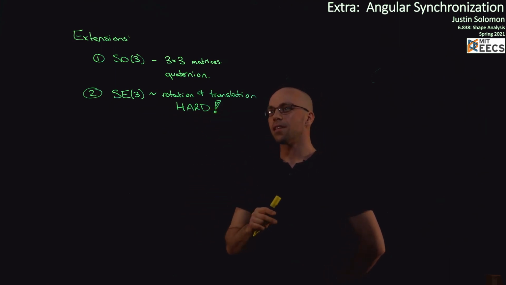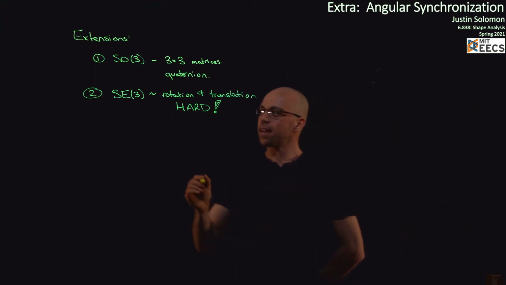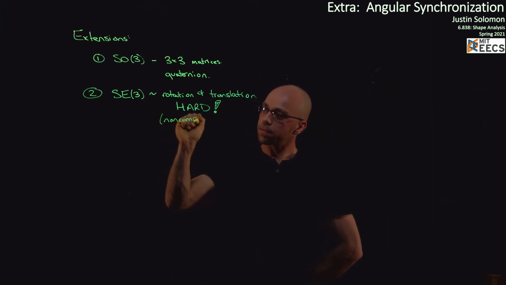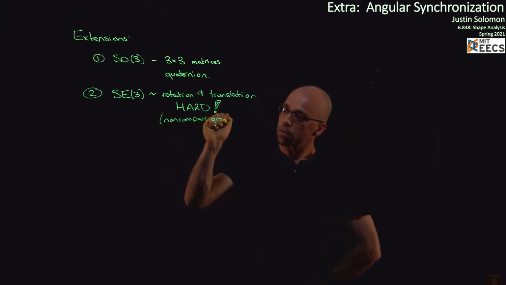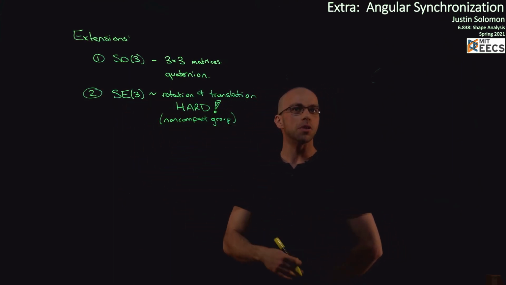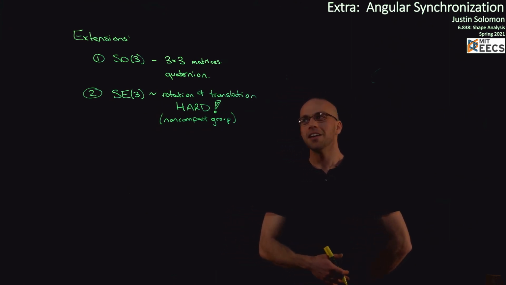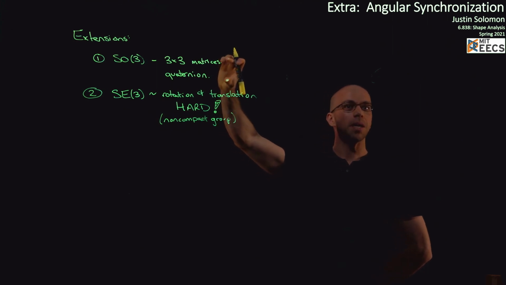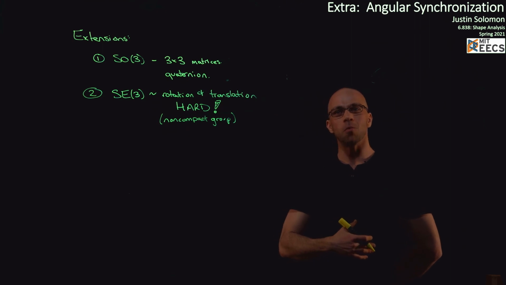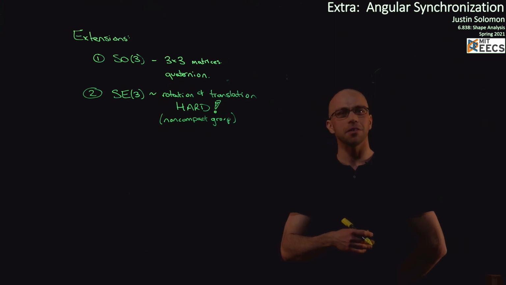In particular, the reason why this is hard somehow philosophically, if you're familiar, is that SE3 is a group, but it is a non-compact group. What does that mean? Well, SE3 includes translations, and there's no bound on translation typically. And so what that means is you have variables that can go off to infinity, whereas in synchronization in SO3 or angular synchronization, our complex numbers had length at most 1. And that turns out to make the convex relaxation somehow much easier to work with.